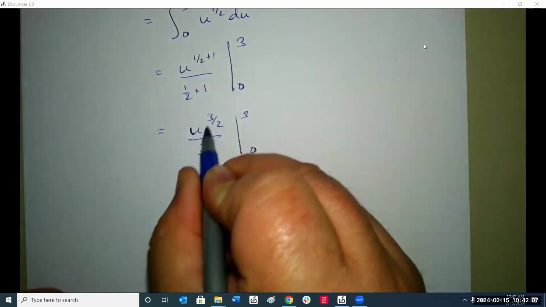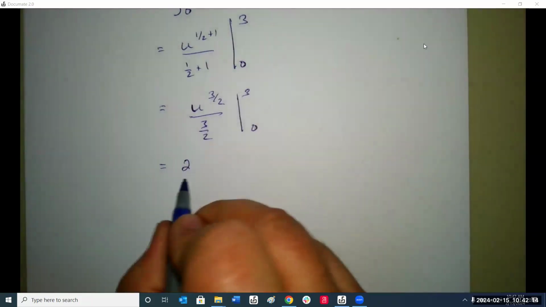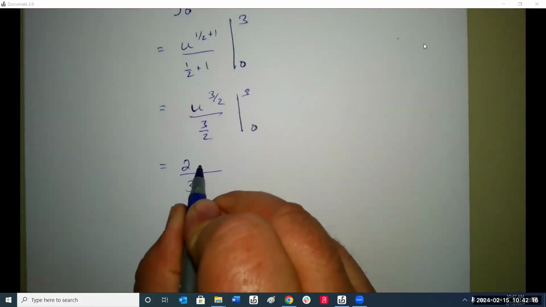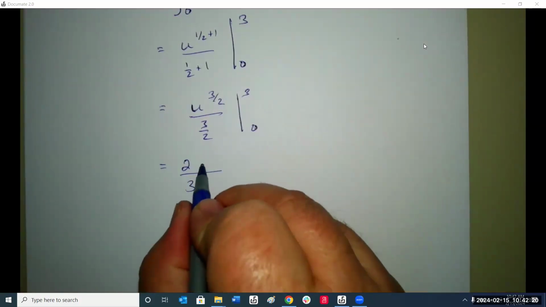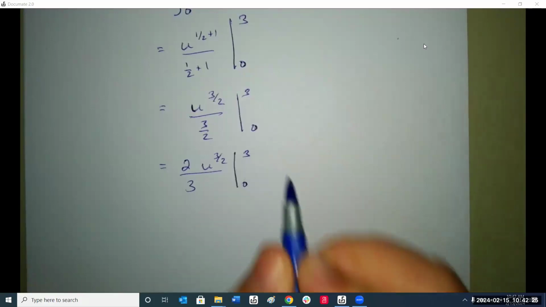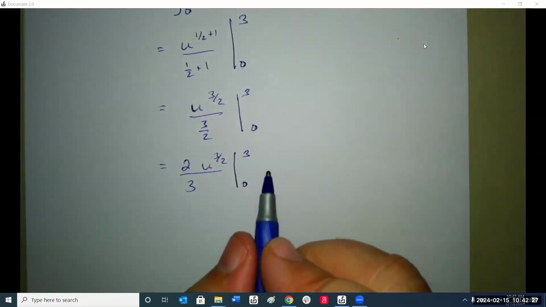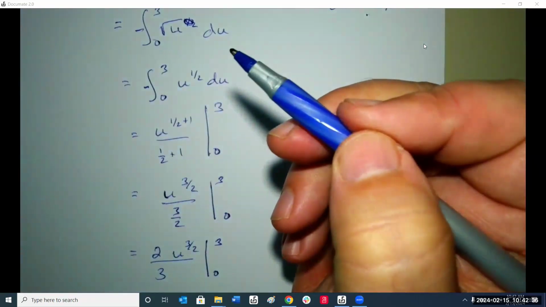So it's u to the 3/2 over 3/2. Flip the bottom. u to the 3/2 from 0 to 3. Ooh, I've got that negative. So it's still negative.